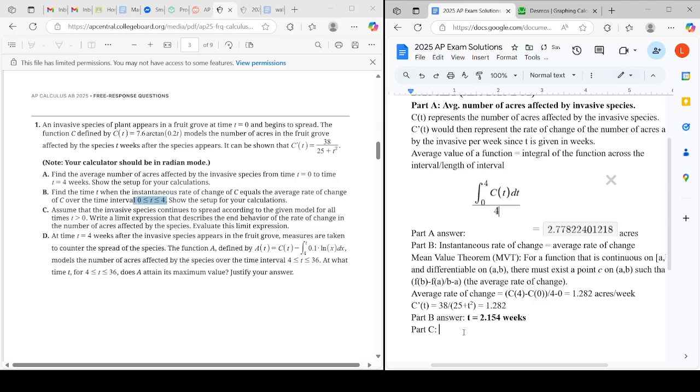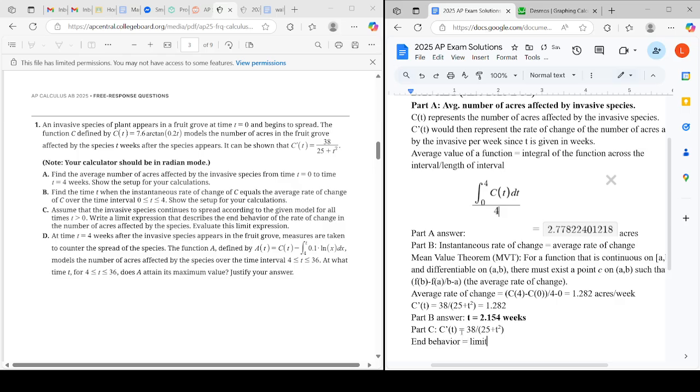Part C. So we are assuming continuity of this derivative model past 4 weeks now. And as we put it back here, C prime of t equals 38 over 25 plus t squared. We need to write a limit expression for end behavior.